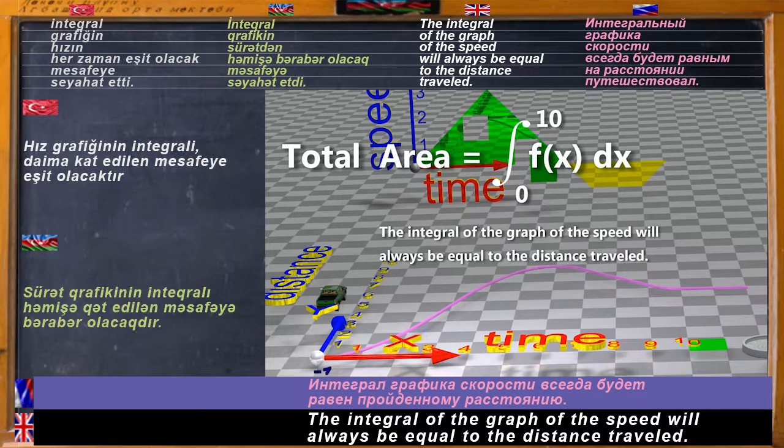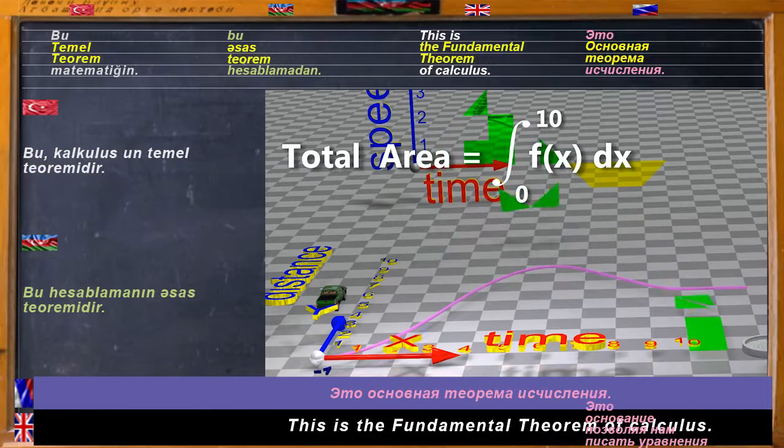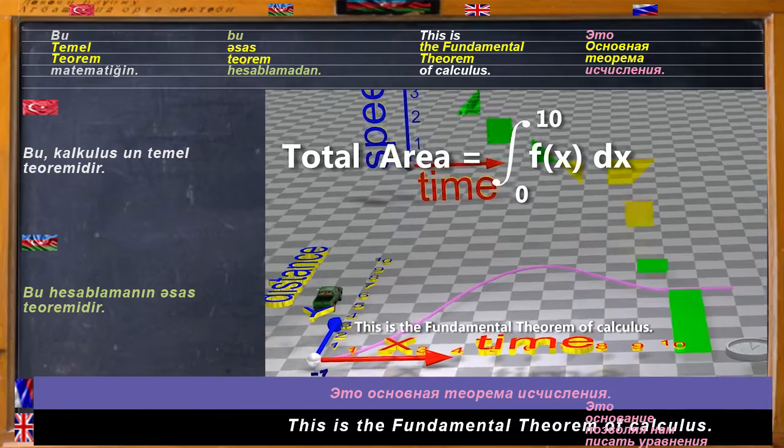The integral of the graph of the speed will always be equal to the distance traveled. This is the fundamental theorem of calculus.